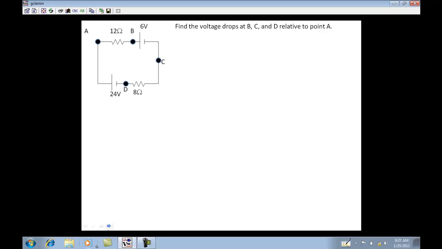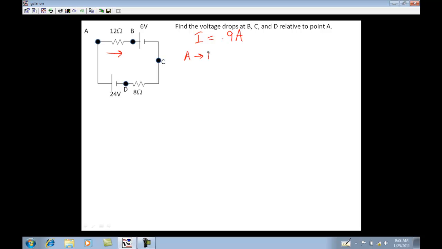Okay. So we know the current is actually going in what direction? We know the current is going in this direction, and we know its value: 0.9 amps. So between A and B, what would my voltage drop be if I go from location A to location B?